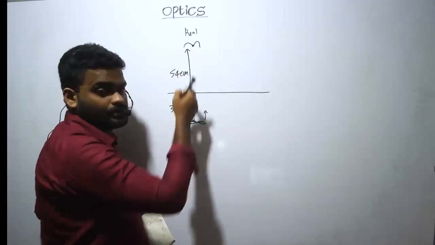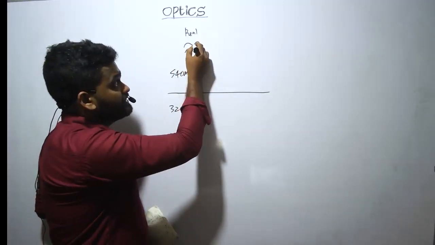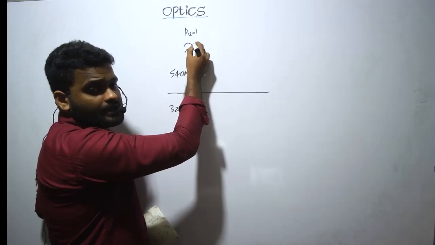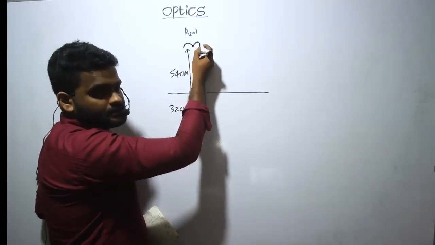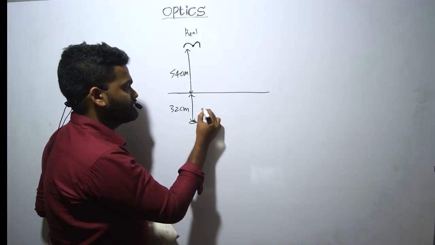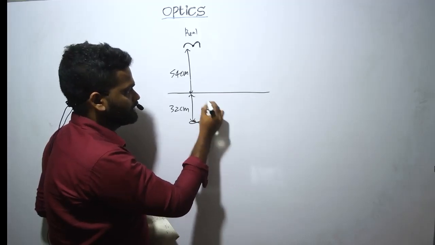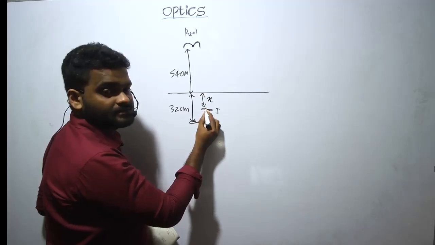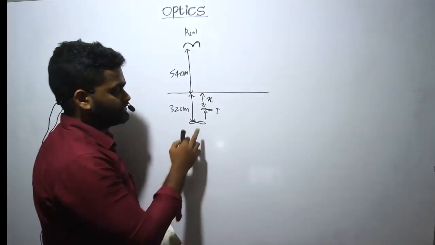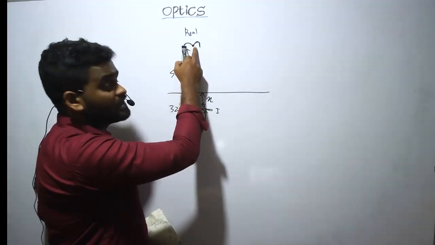So the eye is in air now, because we are thinking about the bird. Now the fish is here, let's say depth is x. This is regarding how the bird sees the fish.